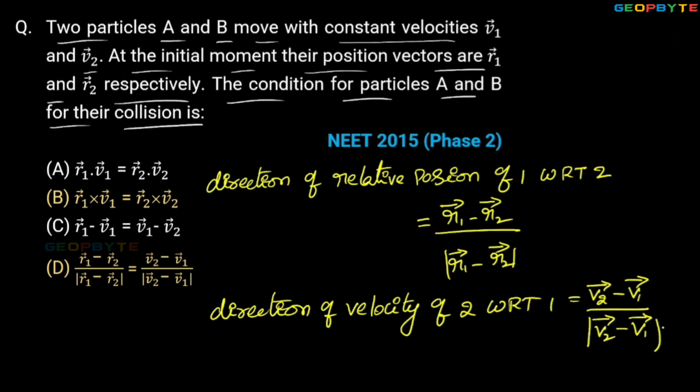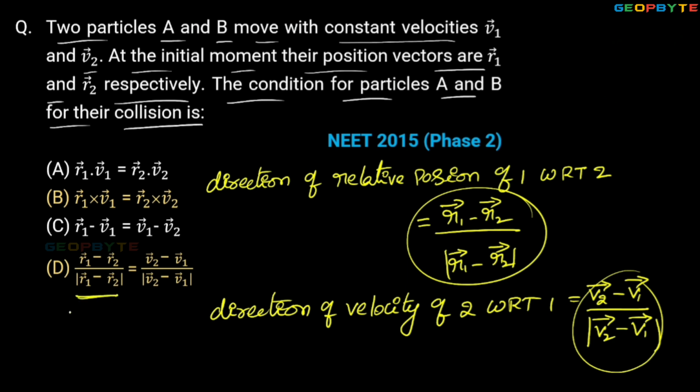Dear friends, remember the condition for colliding particle A and particle B is that these two quantities must be identical. That means r1 bar minus r2 bar by modulus of r1 bar minus r2 bar must be equal to v2 bar minus v1 bar by modulus of v2 bar minus v1 bar. Therefore, option D is absolutely correct. Understood? It is a very simple question. Yes. Similarly, let us take another important problem.